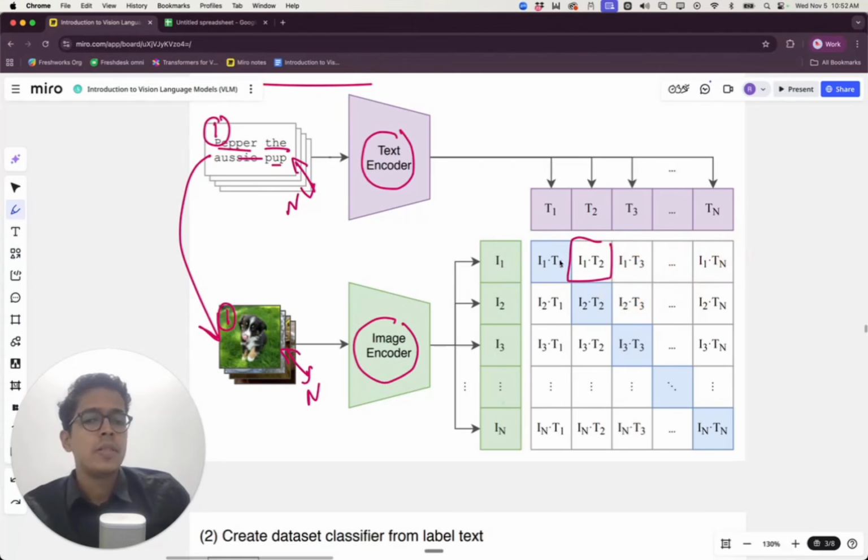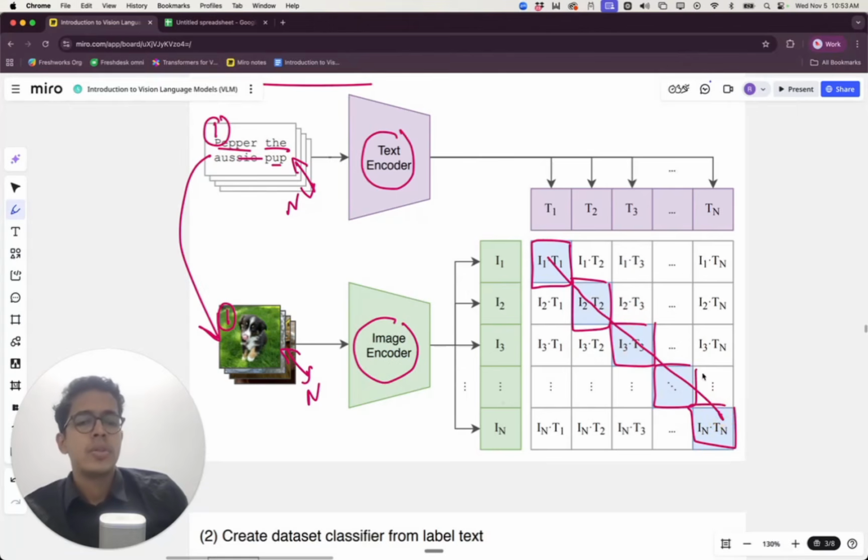But all these blue ones are positive pairs. So you want to maximize this dot product value, such that when you take the softmax and then take the loss, which is negative logarithm, these numbers should all result in close to zero loss, and these numbers should all result in a high value of loss.